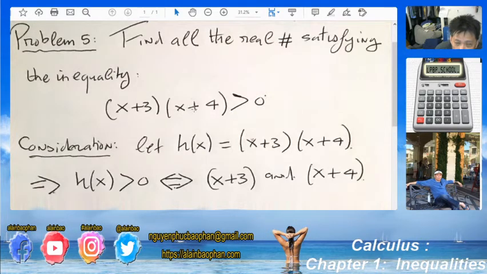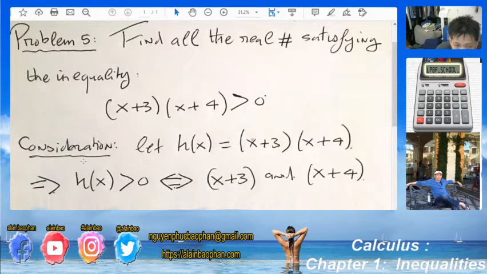So you always move or transfer the expressions or factors with the variable to one side, and the other side is 0. In this case, on the left side x plus 3 is the first factor and x plus 4 is the second factor, and we need the product to be greater than 0.